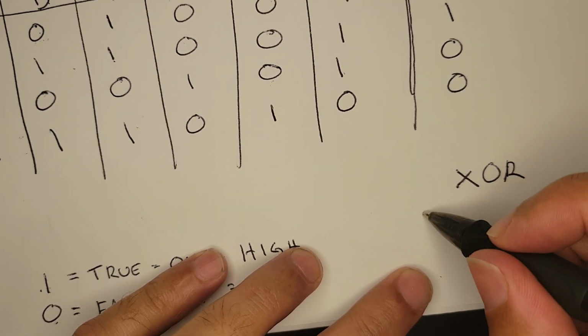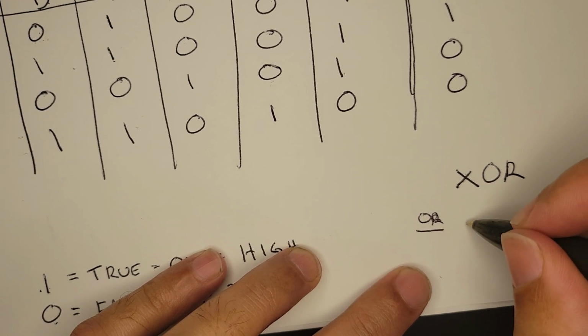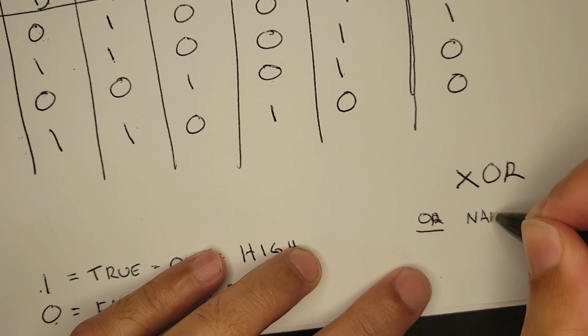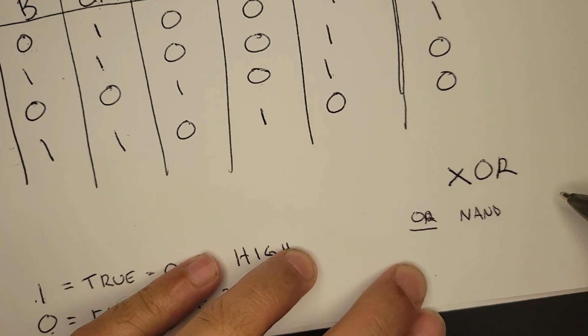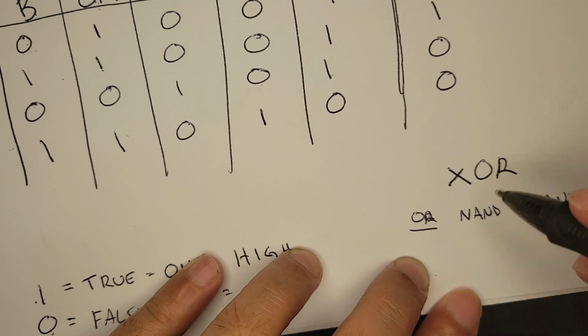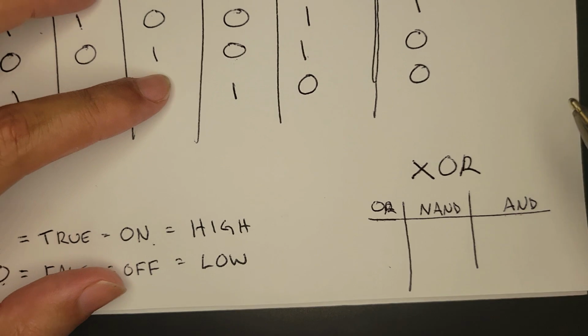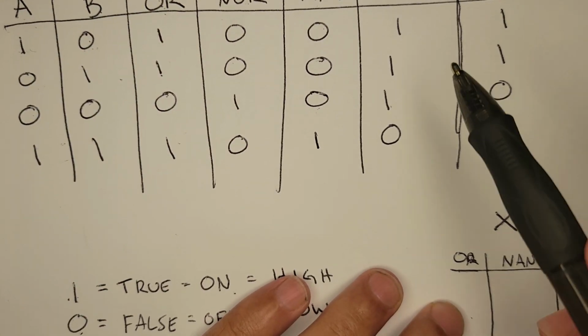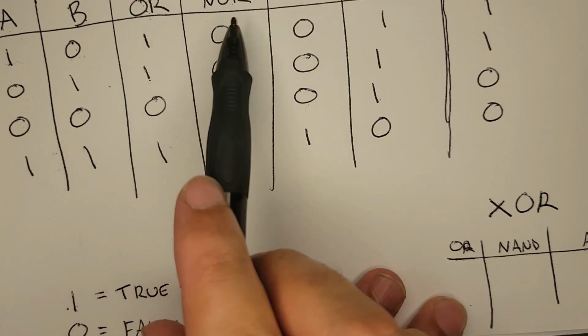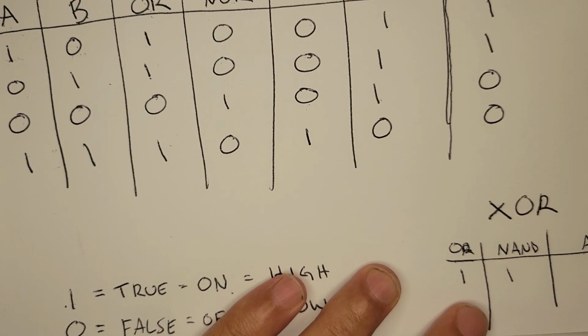So if we have our OR result and our NAND result, and then we have a final AND. So for the first one, our OR and NAND are both 1s. So if we combine these with the AND evaluation, then we get a 1.